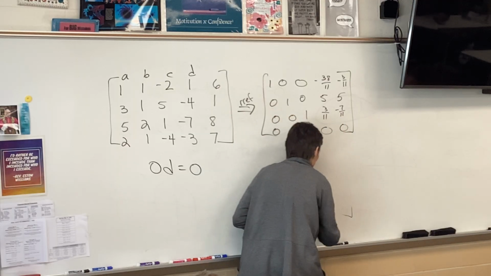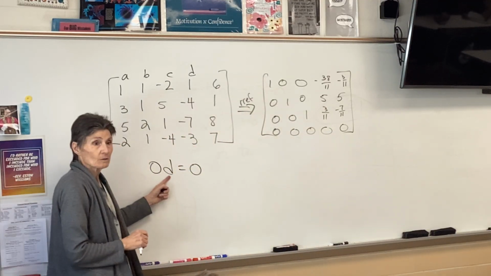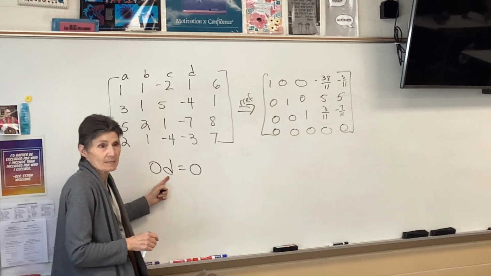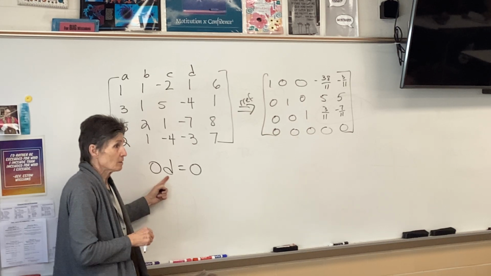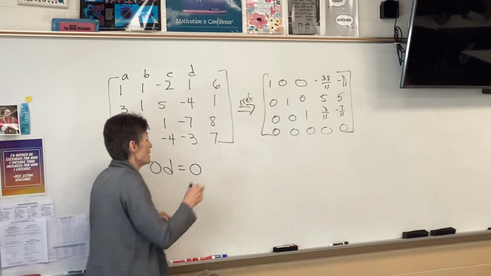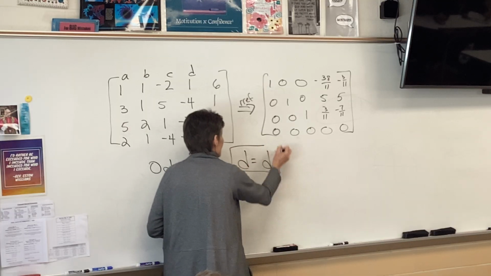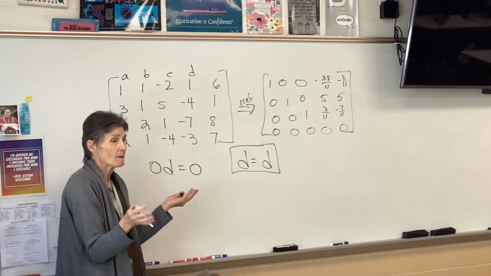What does that mean about D? Can it be anything? Yeah. Could it be 0? Yeah, but does it have to be 0? No, it could be 17. It could be the square root of 83. D could be anything. So we write that literally by saying D is something.